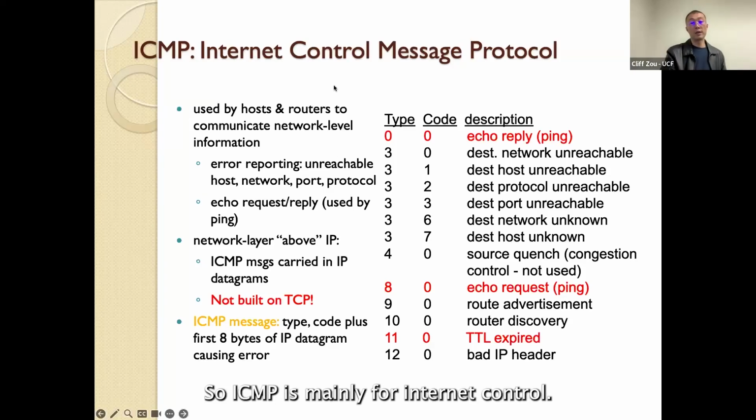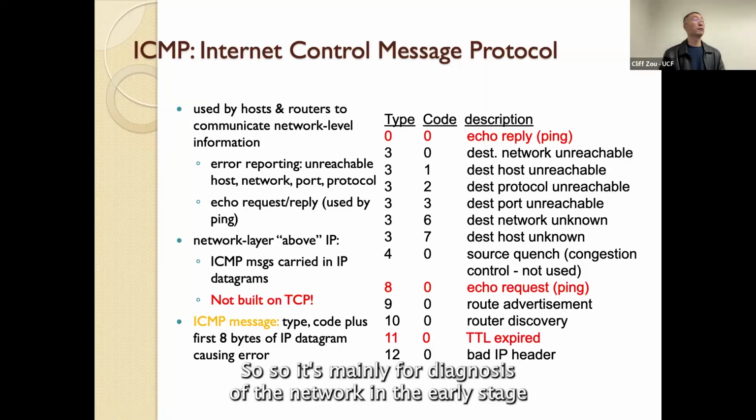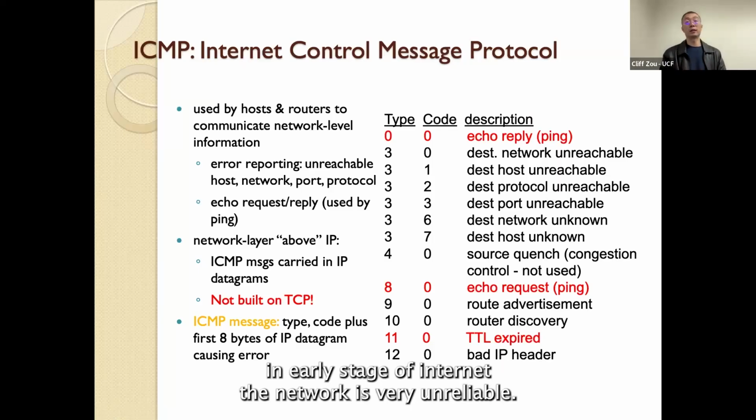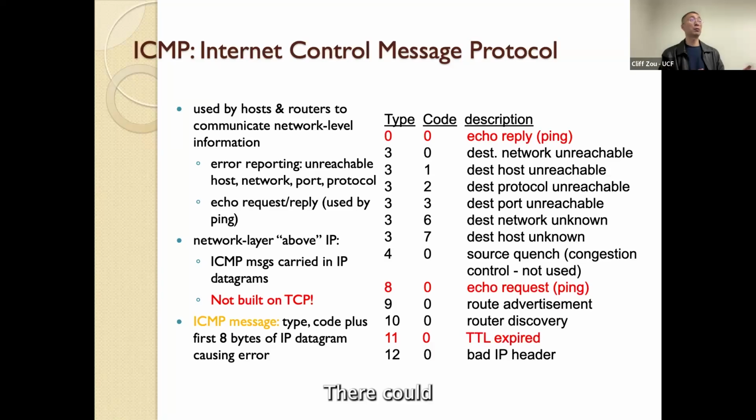ICMP is mainly for internet control, mainly for diagnosis of the network. In the early stage of the internet, the network was very unreliable. The routers were unreliable, and the internet links, the Ethernet lines or other lines, were not reliable.